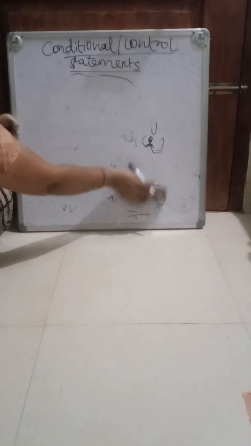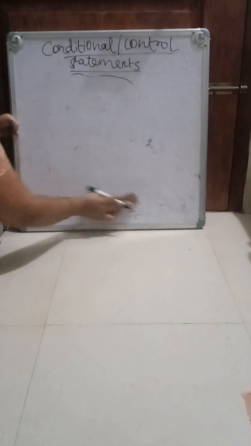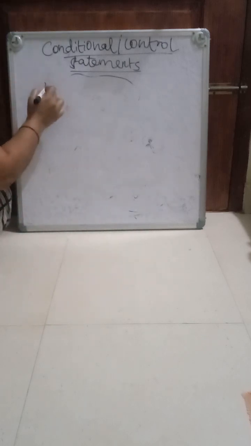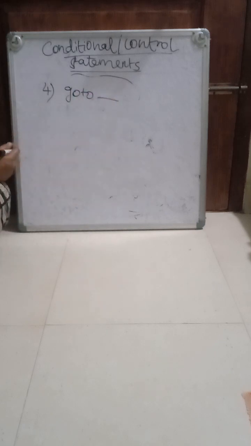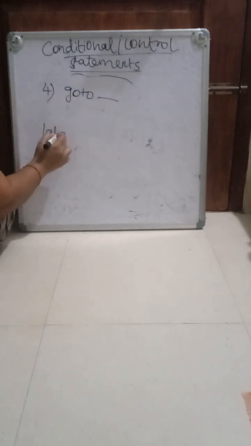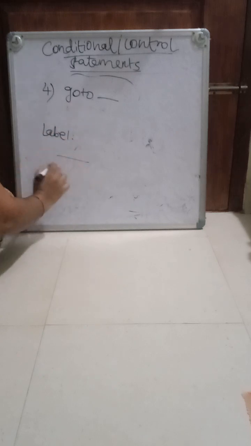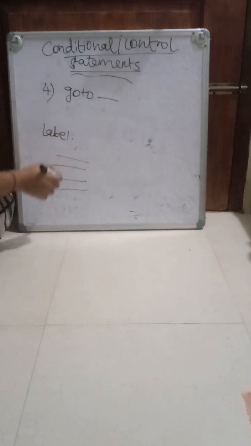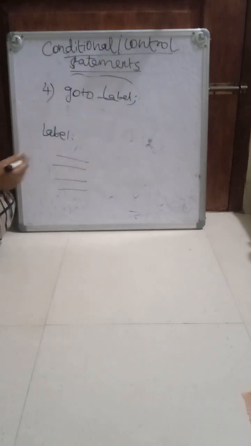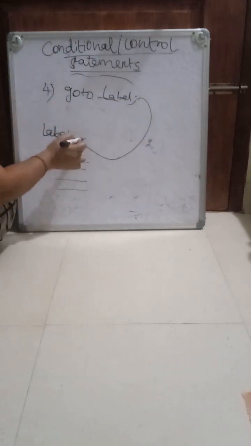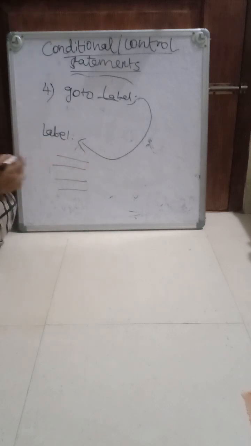We can also have more in conditional statements. One more is goto. We have a goto label. If I give some labeling, and in that I have given certain operations, then if I give goto label semicolon here, the control will directly transfer to the label and execute that set of statements.